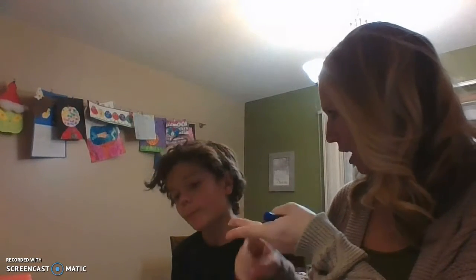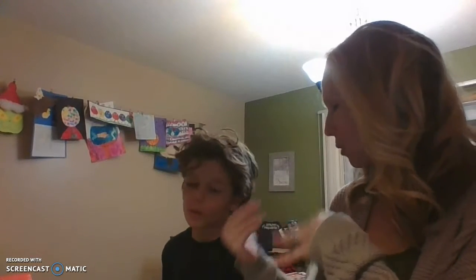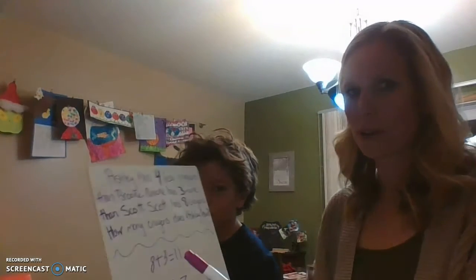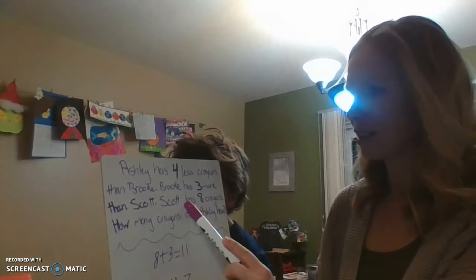So what we did, you started at the back, which is great. That's another way. Because initially you guessed and checked. We guessed, we checked, we thought it was a different answer. And then you started from the back. You started with Scott, who has 8 crayons. Then we have Brooke. Then we work to Ashley, and that's how we get it.